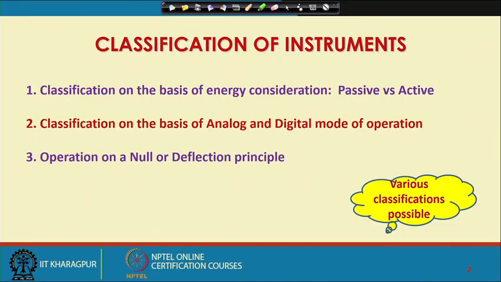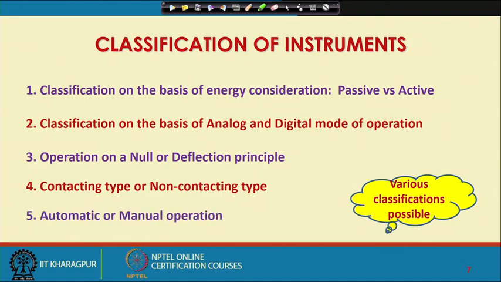It can also be classified on the basis of whether operation is on null or deflection principle. We can classify instruments depending on whether it is contacting type or non-contacting type. We can also classify instruments depending on whether it is automatic instrument or manual instrument. Now, we will go through each of these in some detail with some examples.